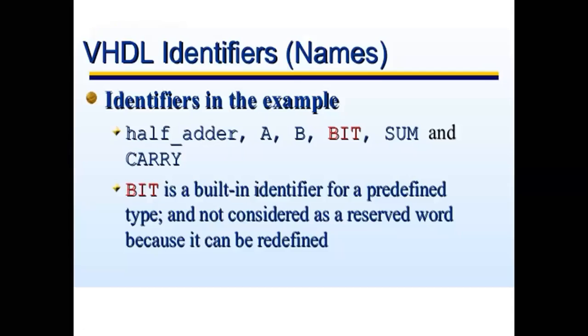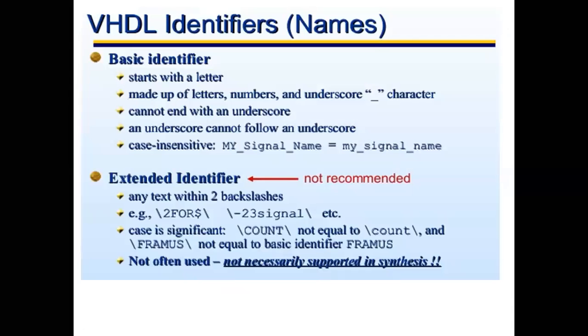So already you know there are two types of identifiers, basic identifier and extended identifier. The main difference between basic identifiers and extended identifiers is that in basic identifiers the letters are case insensitive, that is, uppercase letters are equal to lowercase letters, whereas in extended identifiers those are different.